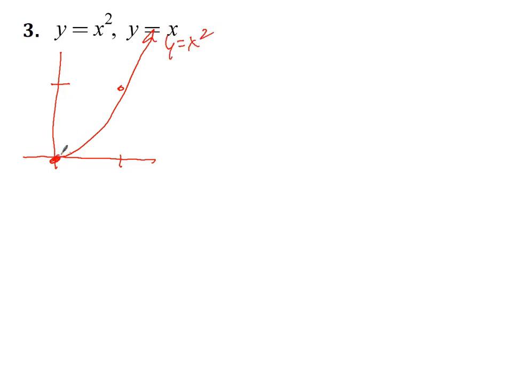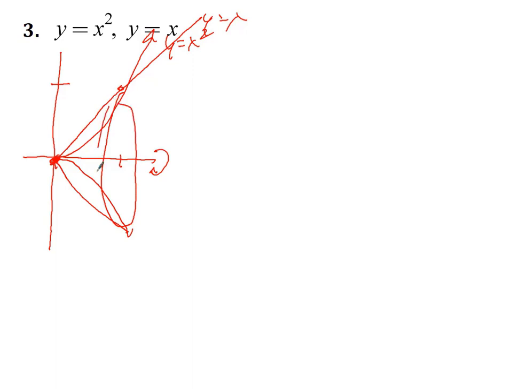And y equals x is a linear function, which looks as such. And we're revolving this about the x-axis. So you can see it's going to look like this. This kind of strange looking little thing. And it's going to go like this.